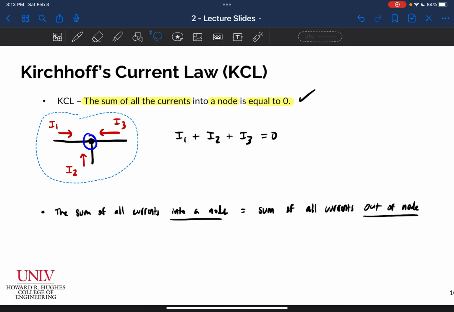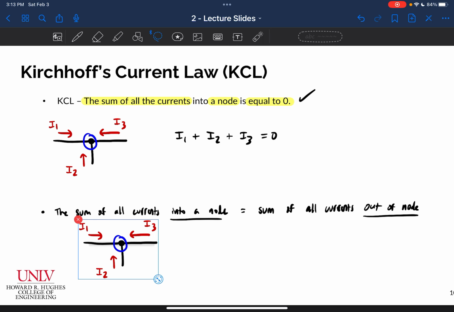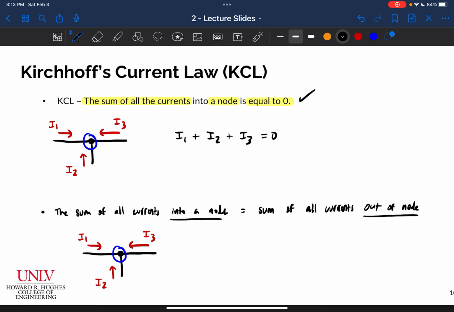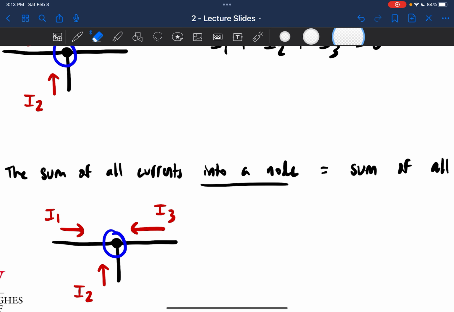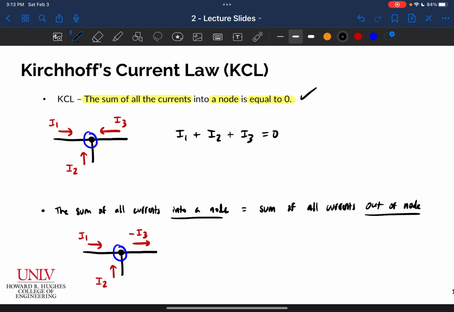And so if I use this expression, let's say I'm going to draw the exact same circuit, but in this case, I want to flip the way I define I3 so that it's flowing out of the node instead of in. Then, just from what we learned in the previous video, I can define I3 in the opposite direction, but I have to make sure that I flip the sign. So if I were to write my expression for KCL now, based on my second definition, the sum of all the currents entering the node, which is this, would be I1 plus I2.